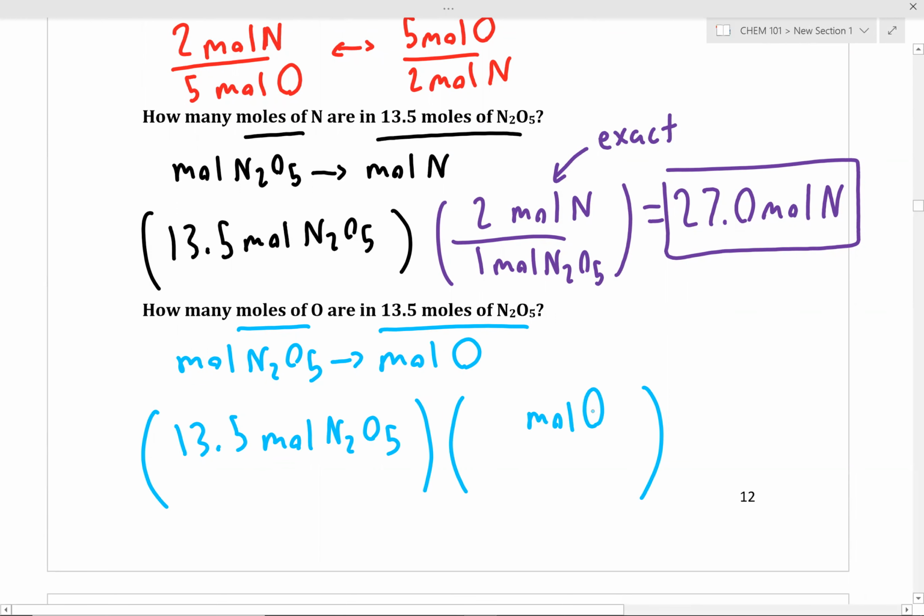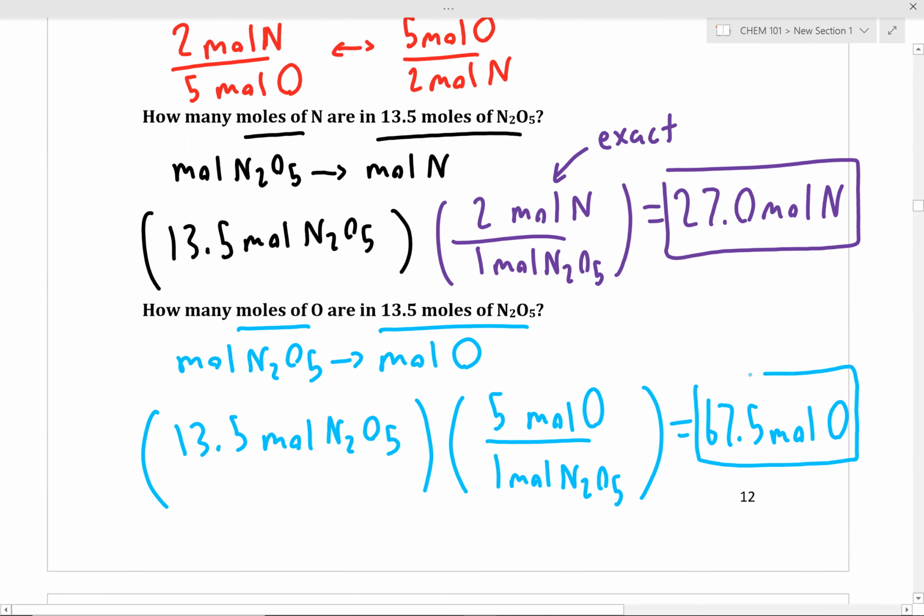So how many moles of oxygen do we have in 1 mole of N2O5? 5, yep. So that in turn gives us 67.5 moles of oxygen. Everyone's okay with doing that on their calculator on their own, right?